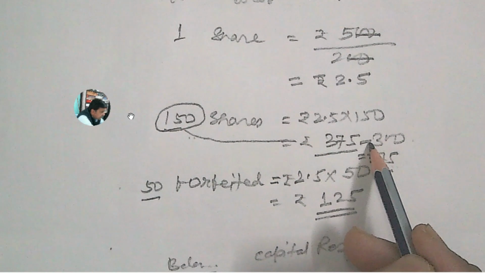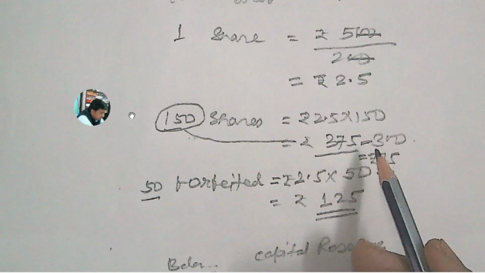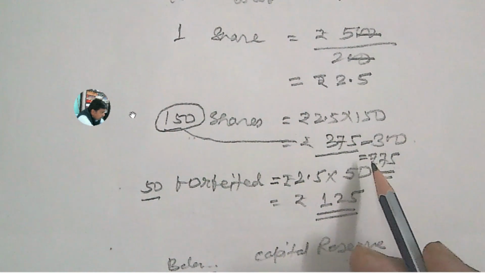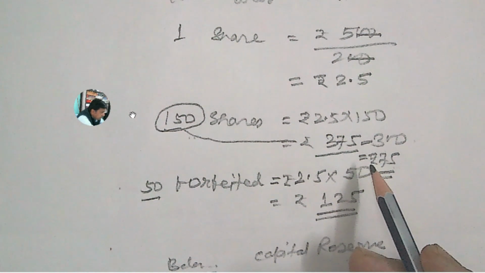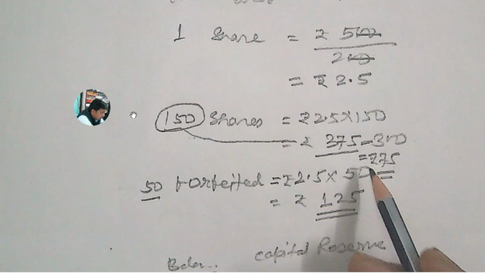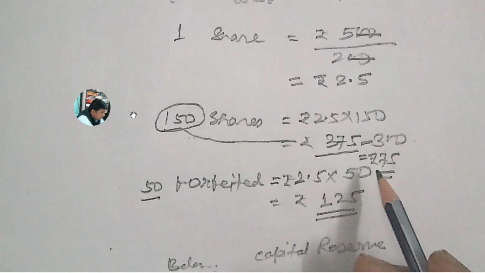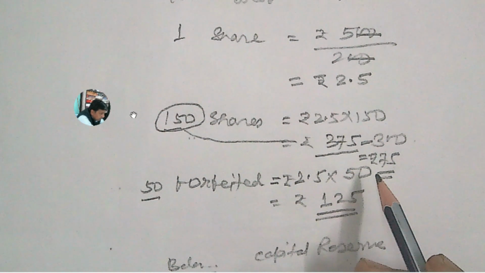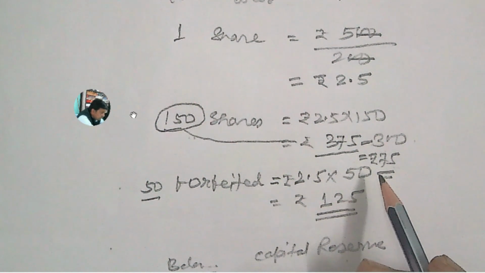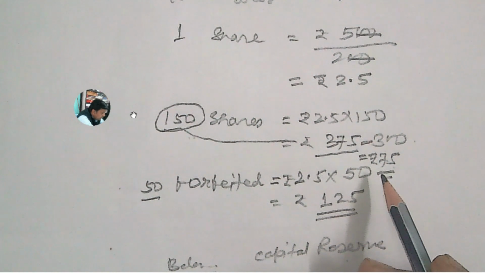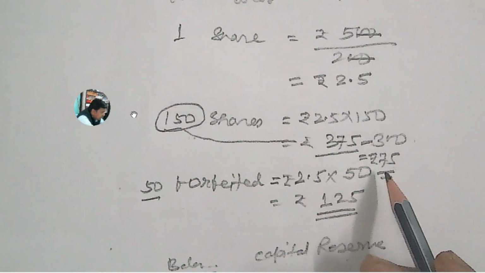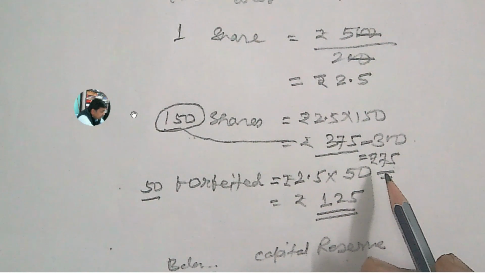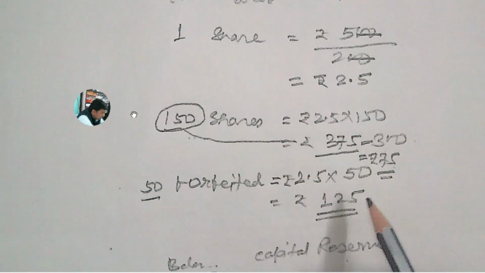And the same thing I taught you using the formula: profit on forfeited shares reissued equals rupees 500 divided by 200 multiplied by 150, minus rupees 300, that is the loss on reissue, and the balance is rupees 75. So you can understand the same thing in this manner also.